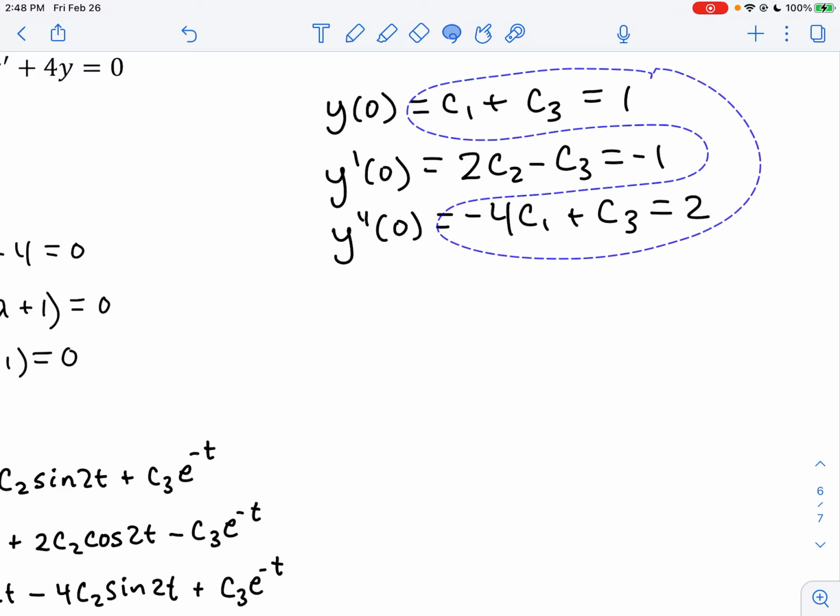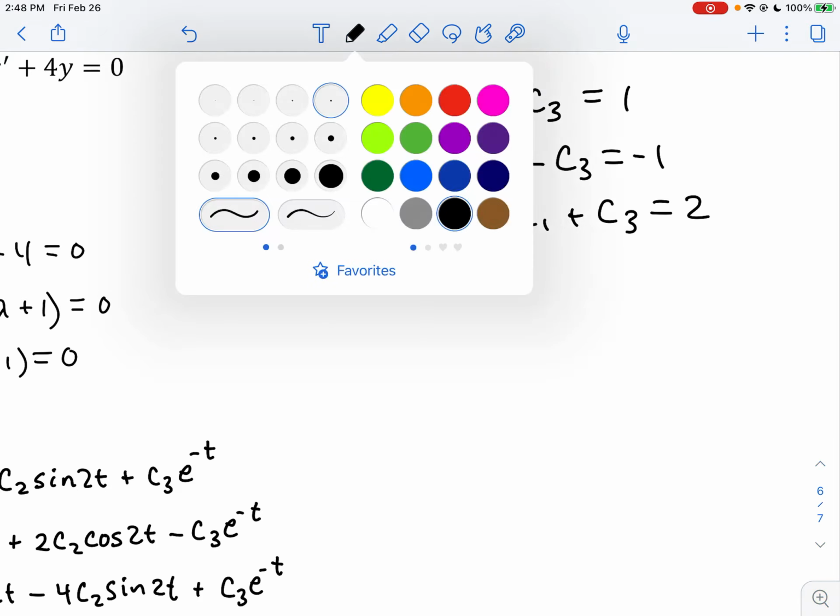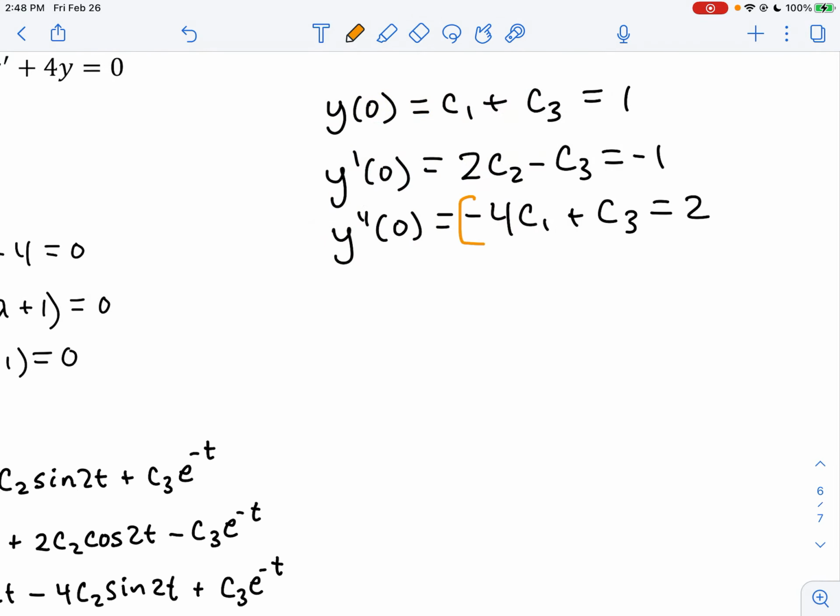So these together form a system of 2 equations with 2 unknowns. So I'm going to do elimination on that. And you could do that any which way you want. If I want to cancel the c3s, then I would multiply one of these equations by -1 and then add. So I'm going to multiply this equation here by -1.